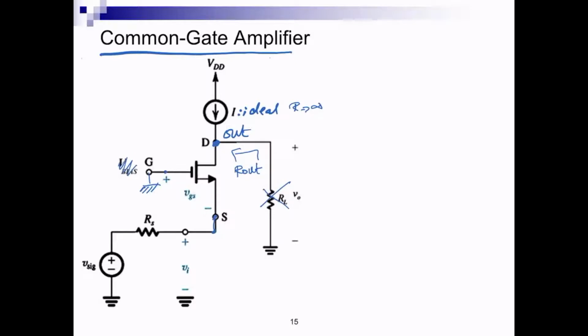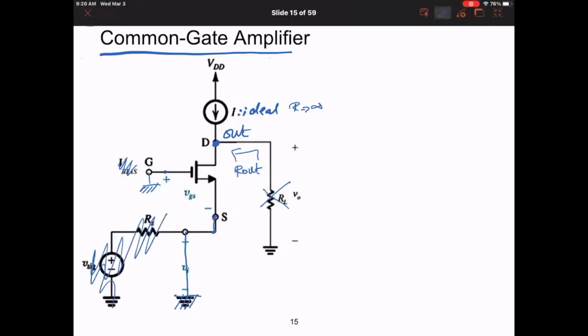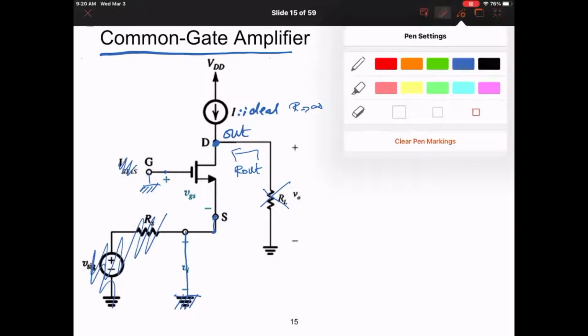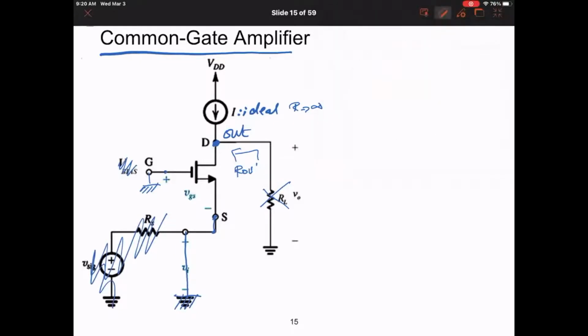What do I do? I set Vin to 0, right? So this V in at the end of R sig, they all became shorted. So what is RO? Just to distinguish between RO and R out later, I'm just starting with whatever you remember now. What is RO for this circuit?